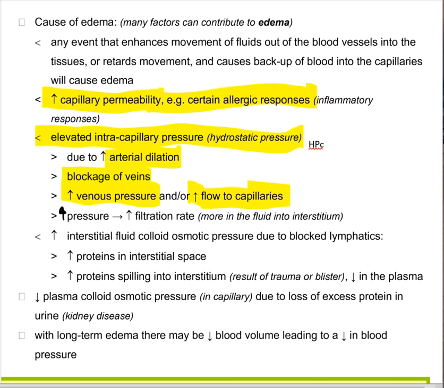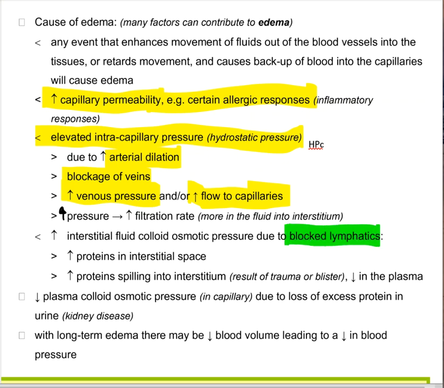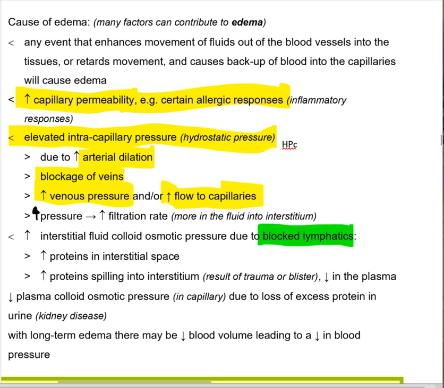Now we also have, what if our lymphatics are blocked? What if we can't get fluid out of our interstitium and through our lymph system? Well, that increases our interstitial fluid colloid osmotic pressure, that one is our OPI.